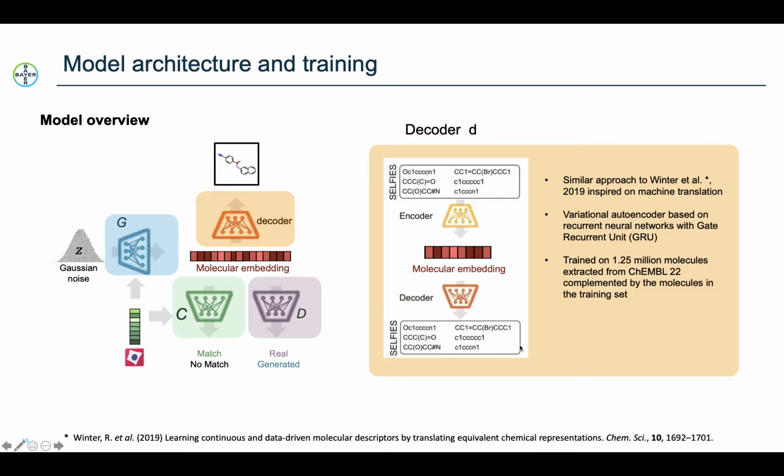Since these molecular representations are sequences of characters, the variational autoencoder consists of recurrent neural networks with gated recurrent units. This decoder is trained on 1.25 million molecules extracted from ChEMBL22.